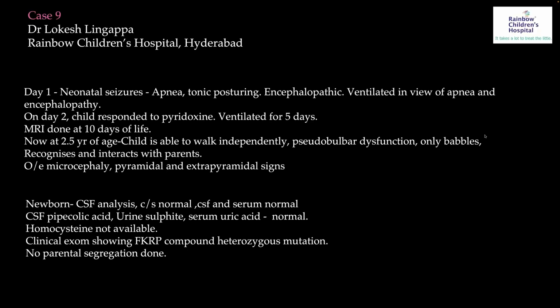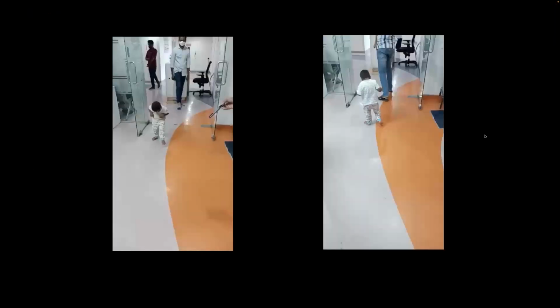It showed an FKRP compound heterozygous mutation, but on MRI, clinically we thought of sulfite oxidase or molybdenum cofactor deficiency. And the question is, any neuroimaging differentials for that MRI, and with those MRI findings, how to prognosticate further development.